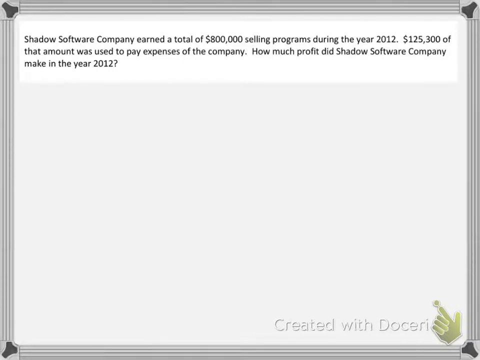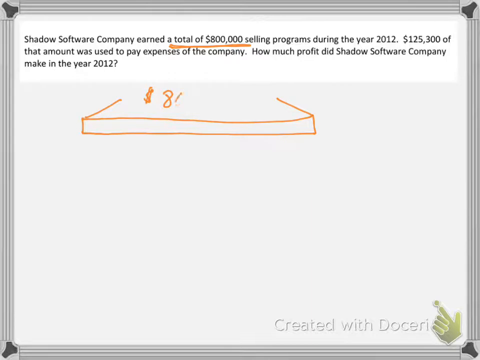So I see a total, and that's important. So I'm going to set up my tape diagram. I'm going to make a big one, and this is going to represent my total. My total is $800,000. And then it says $125,300 of that amount was used to pay expenses of the company.